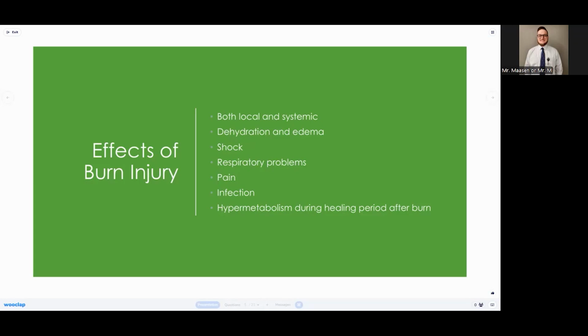Those severe burns, that deep partial thickness, degree 3 especially, are probably going to have dead tissue that piles up, that blackened dead tissue called eschar, and they're going to need debridement.